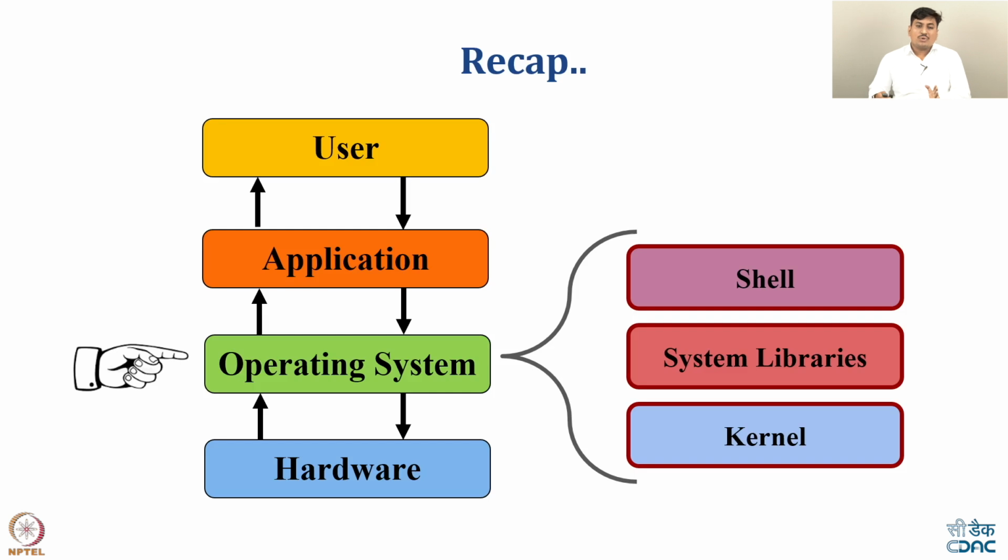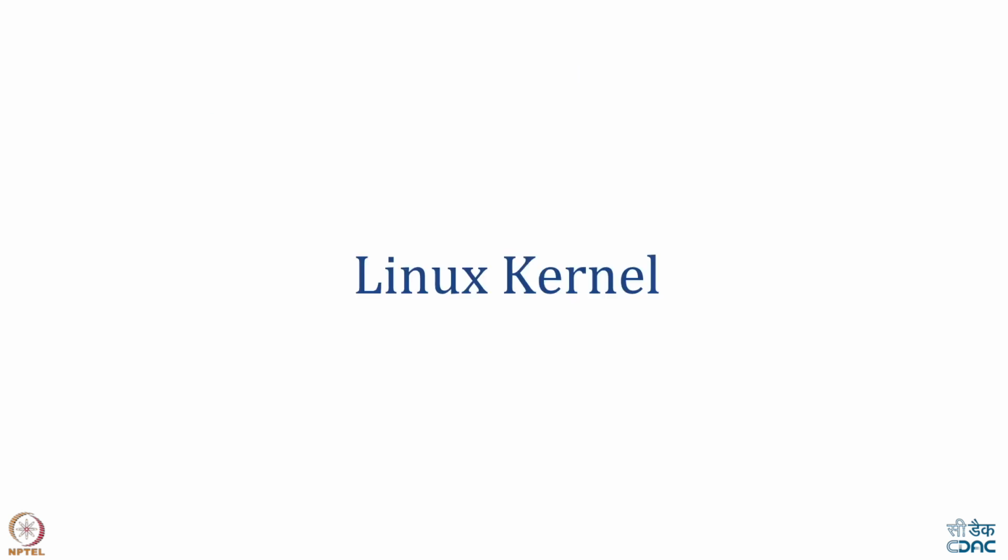When we talk about operating systems, there are different parts of it like the shell, system libraries and kernel. In this session we will try to dig deeper into what each component consists of, starting from the kernel. So, we will try to understand what exactly the kernel is, and then the subcomponents of the Linux kernel.